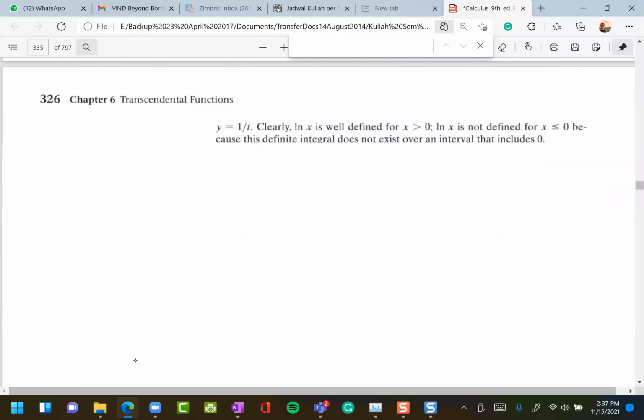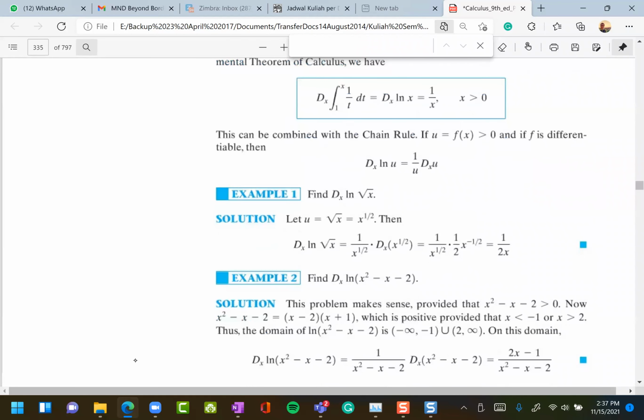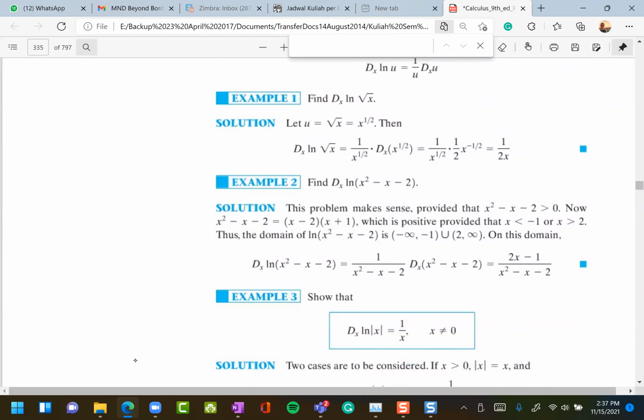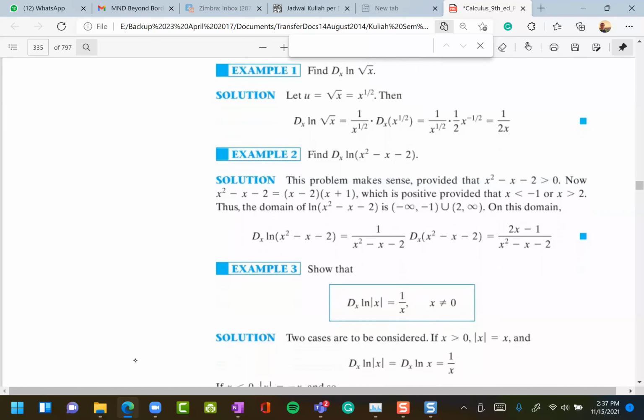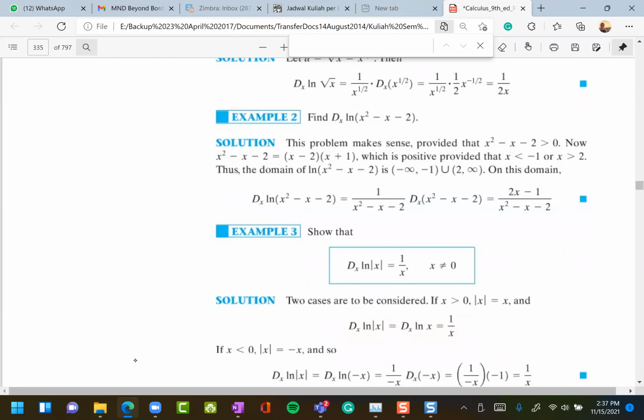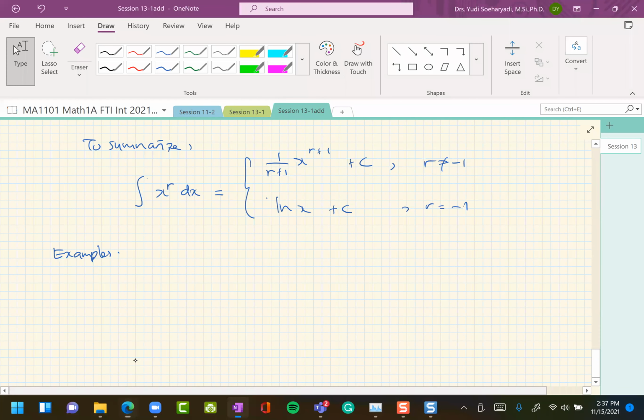So let's do this one. The derivative of ln of x. Okay, first derivative. The d/dx of ln of x.